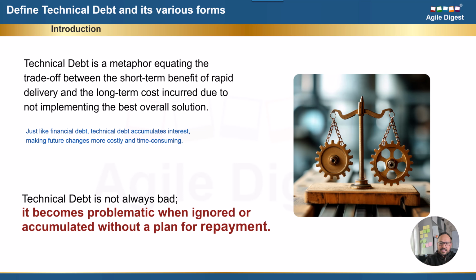If you are doing a development rush, choosing speed over quality to meet deadlines, or lack of knowledge, implementing a solution without fully understanding the problem or the technology involved, evolution of project requirements, changing requirements during the development process without refactoring the existing solutions can be another cause of technical debt.